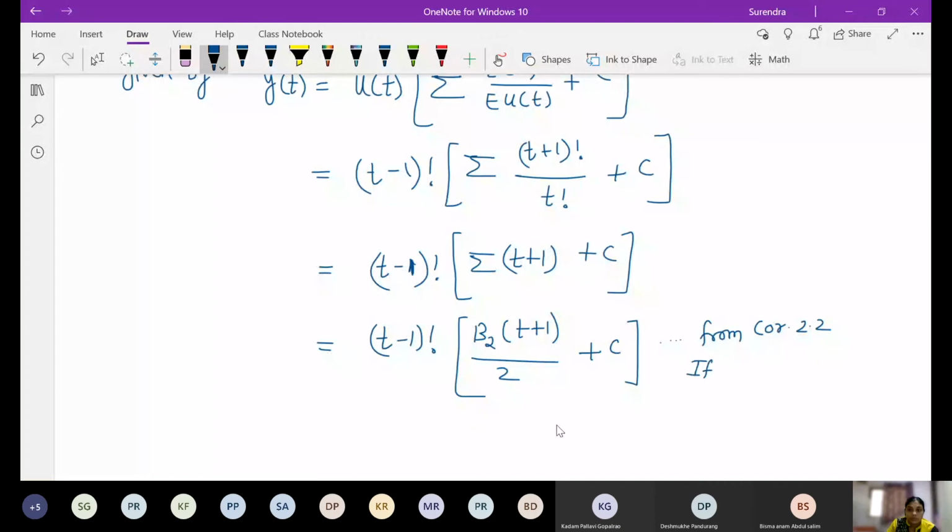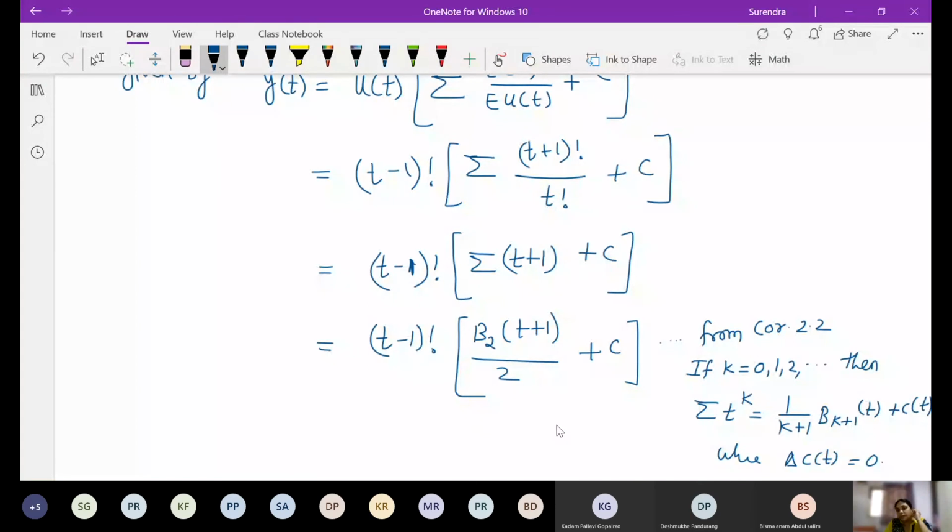If k is equal to 0, 1, 2 and so on, then summation t raised to k is nothing but 1 upon k plus 1 bk plus 1 at t plus c of t, where delta c of t is equal to 0.